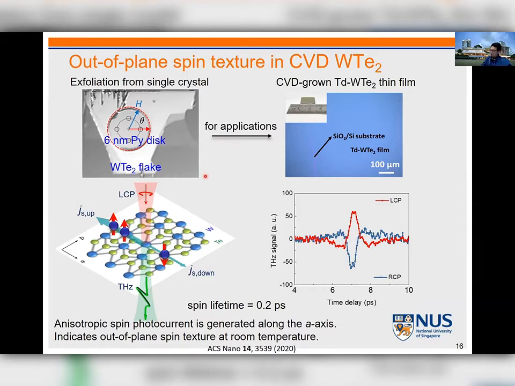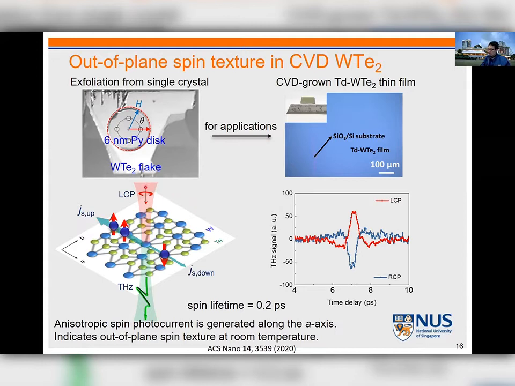In order to apply some real applications, we need to utilize wafer-scale films. So we have these CVD-grown tungsten ditelluride thin films, which are quite uniform. First we use terahertz emission measurement to see their spin direction.